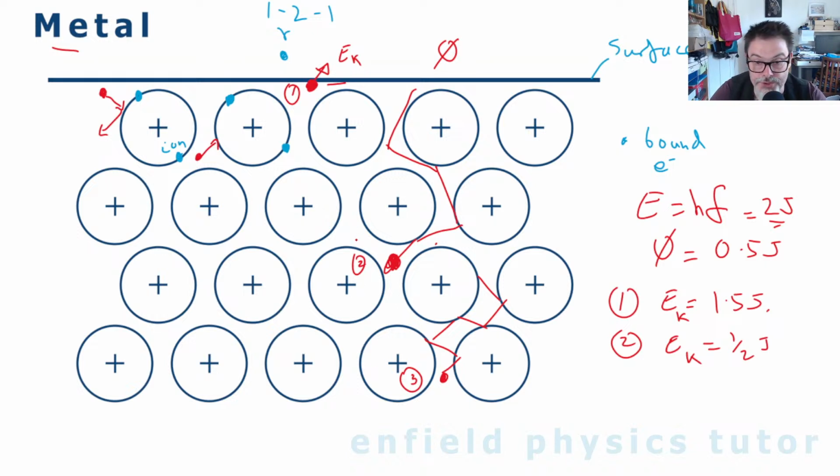It's going to lose all the 2 joules that it gained from its photon. It's got no chance of getting out. So now you can see why we have a range, and hopefully you can see that the ones at the surface, i.e. in our case electron 1, are going to leave with the most energy. And that's why we get a range of energies coming out through these photons.